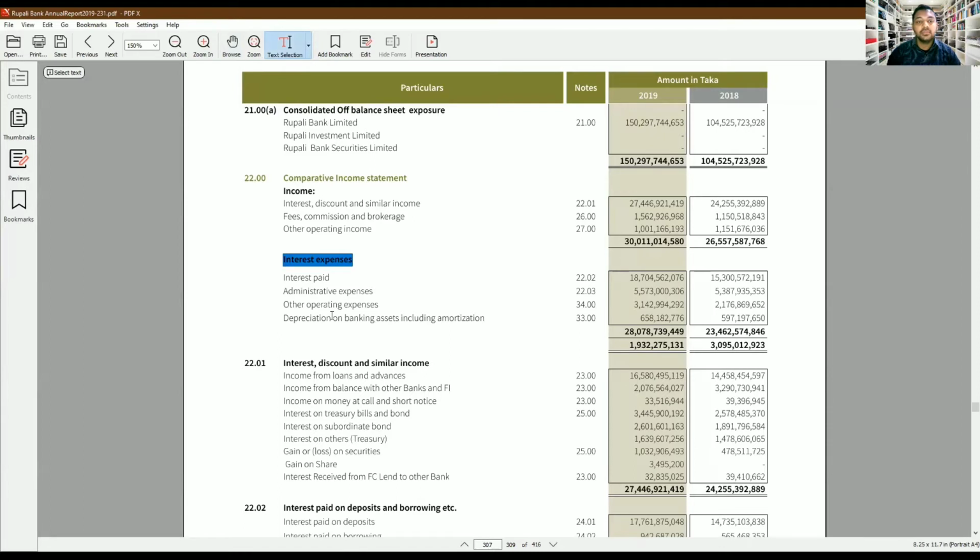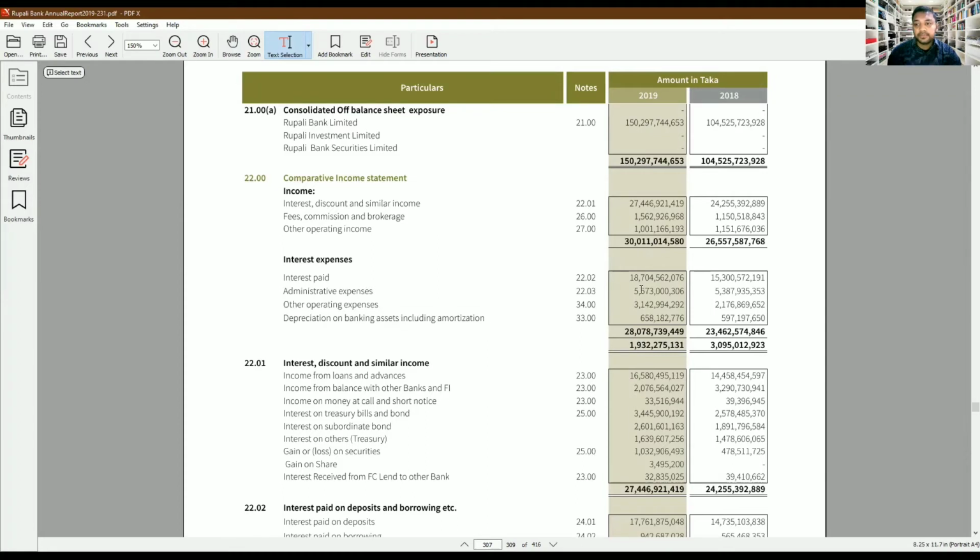So as we can see in the interest expense section, there are various components under it. For example, first of all is interest paid, the administrative expenses, other operating expenses, and depreciation on banking assets, including the amortization section.